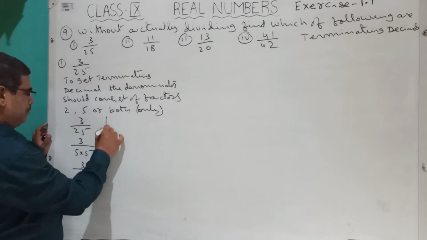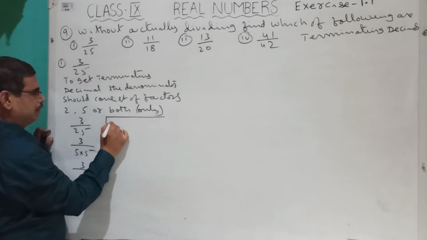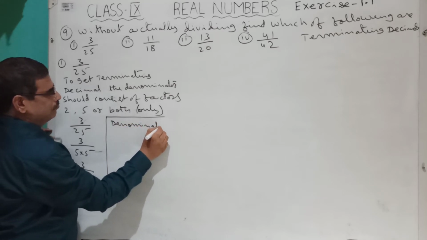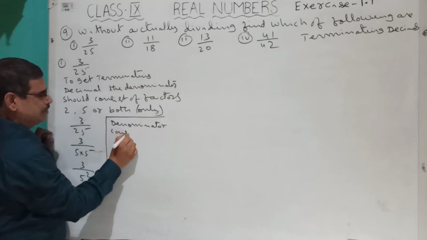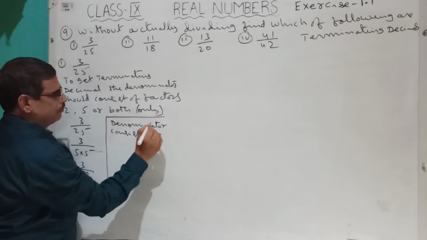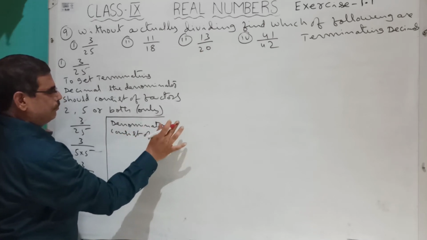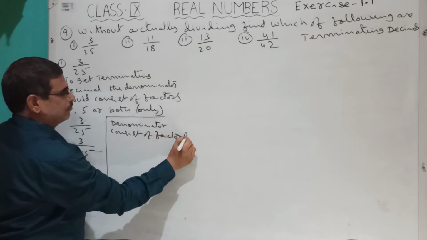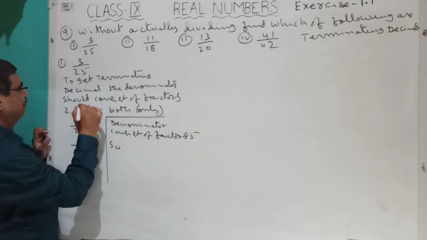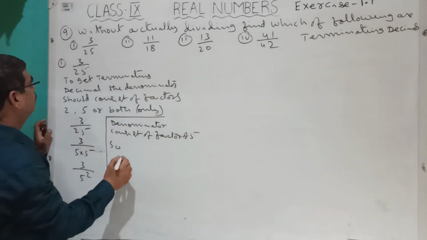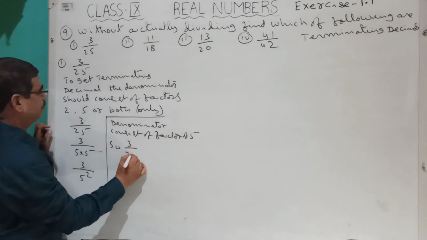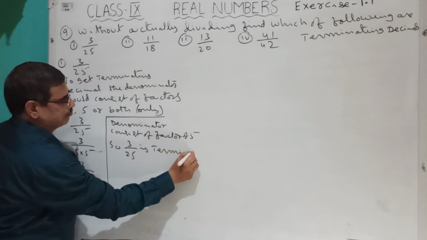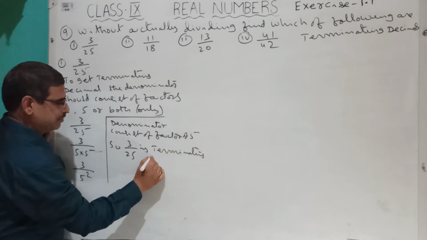So the denominator consists of the factor 5. So this is a terminating decimal. So 3 by 25 is a terminating decimal.